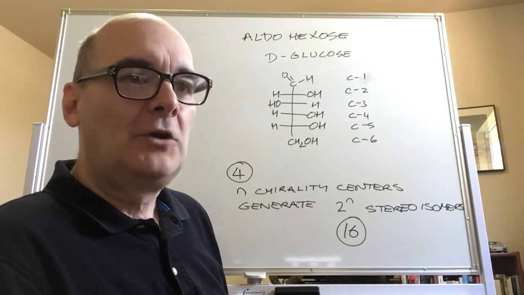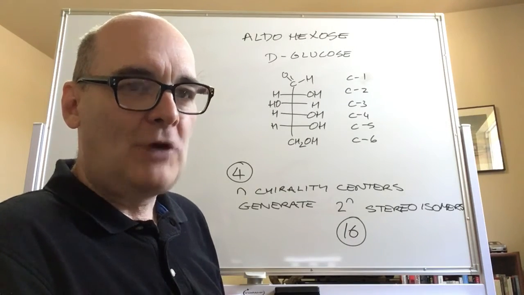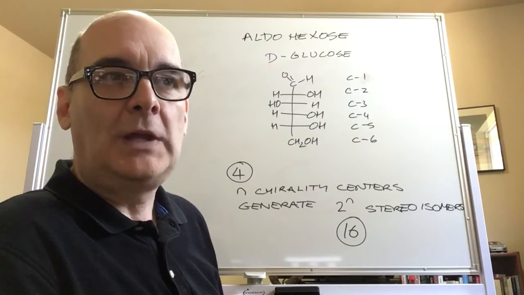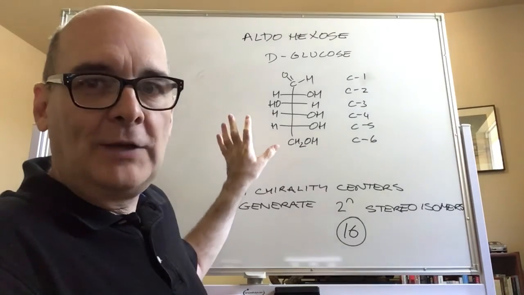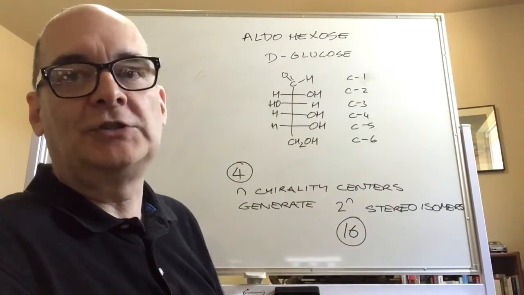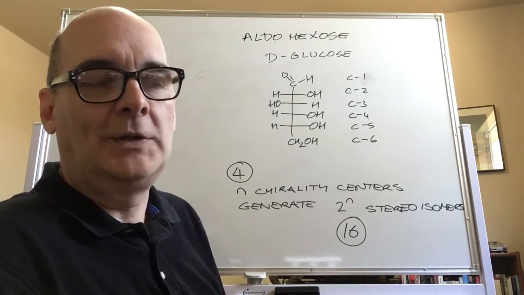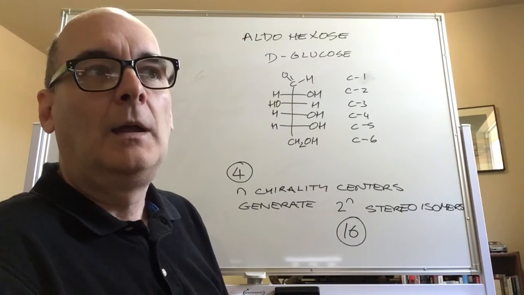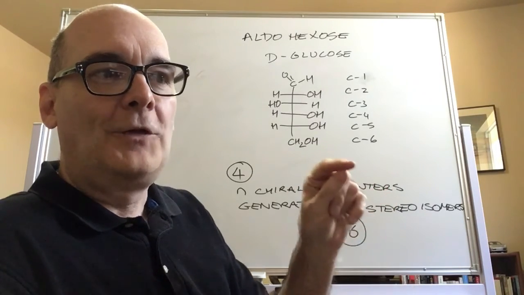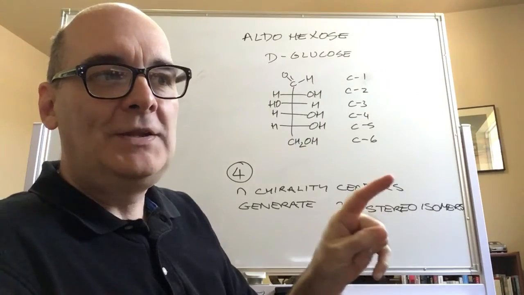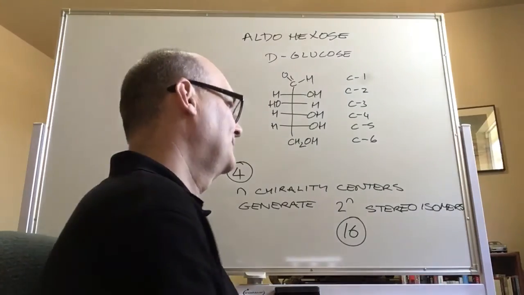So if I want to look at glucose in reference to the other sugars in glucose's world, I need to write 15 other structures up on the board, which I'm not going to do. Good news. On this planet, only the D sugars have biological importance.